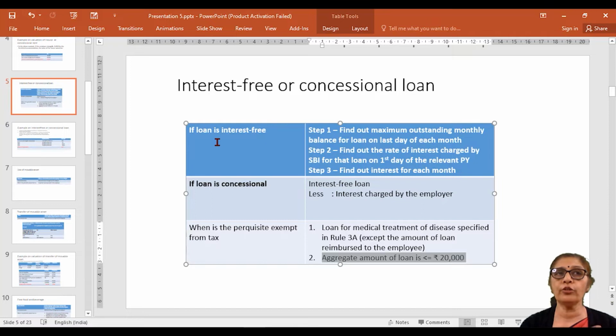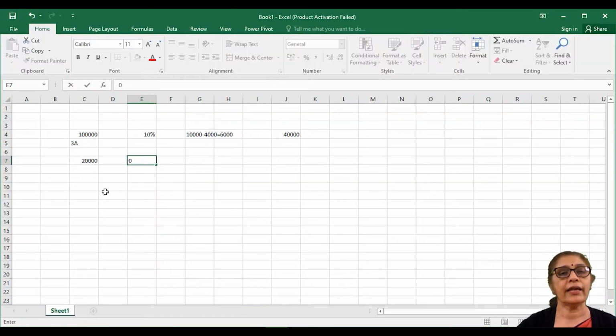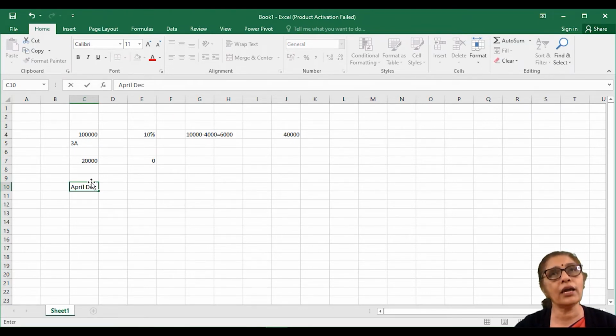Other than this, the value of loan is taxable, calculated on the basis of the amount of loan outstanding, that is unpaid, on the last day of each month. I have taken a loan of 1 lakh and let's say I start repaying it with effect from January. So April to December, I have loan outstanding worth 1 lakh.